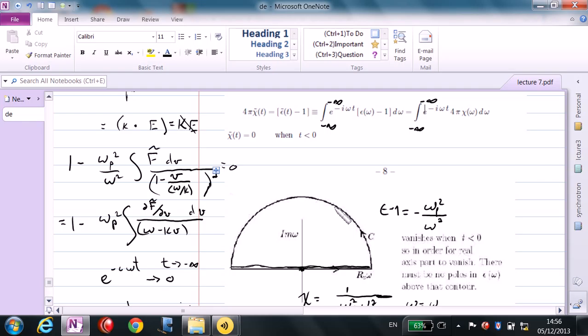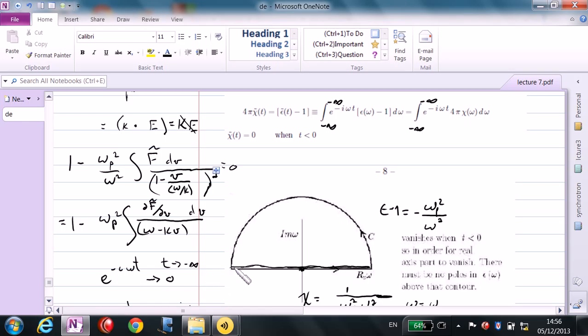The integral cannot be more than the integral of the modulus times the length. So what you're saying is that even for positive t, this is 0. Yes. Okay, he's right. I was wrong. For all values of t, this semicircle is 0. It goes to 0 as its radius goes to infinity.